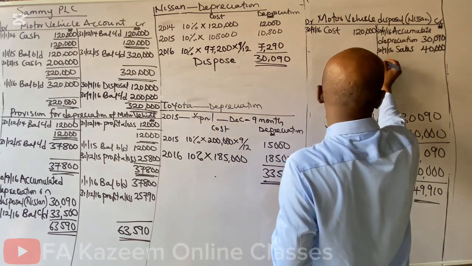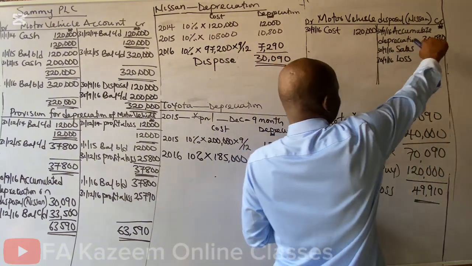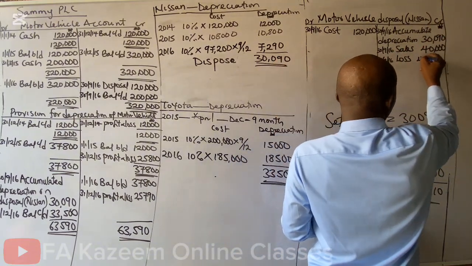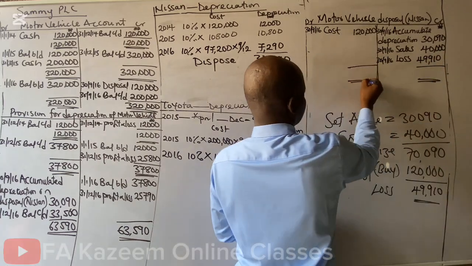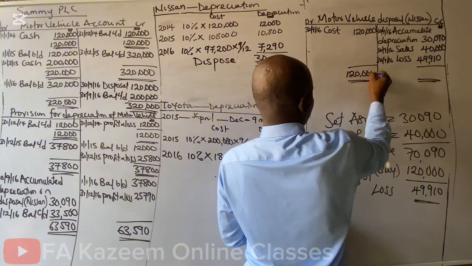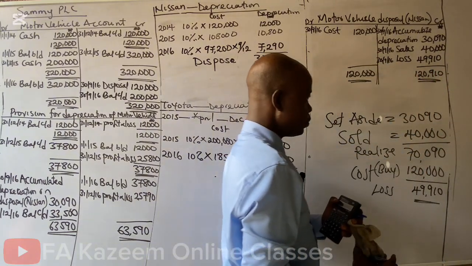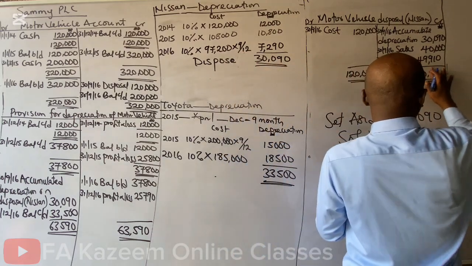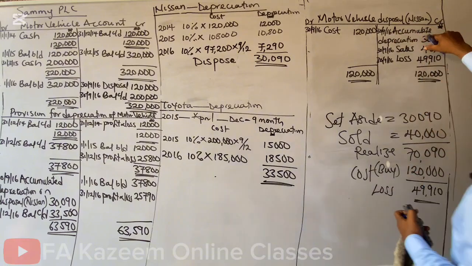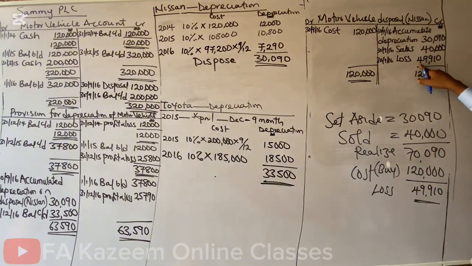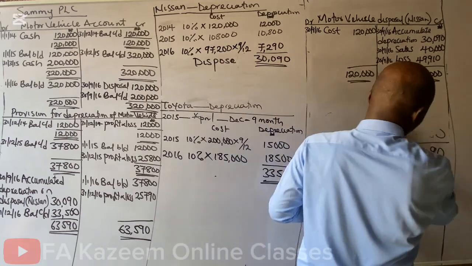As at this date, we are reporting a loss of 49,910. How do we get it? 120,000 minus 70,090. We have a loss of 49,910.